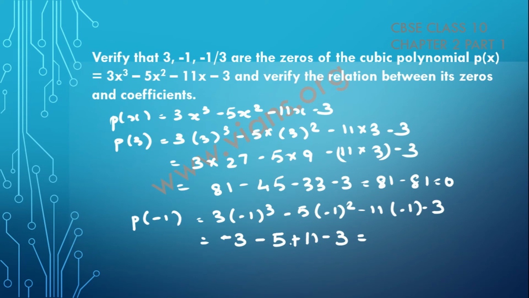That would be 11 minus 3 minus 5 plus 11 minus 3. So that would be 0 again.